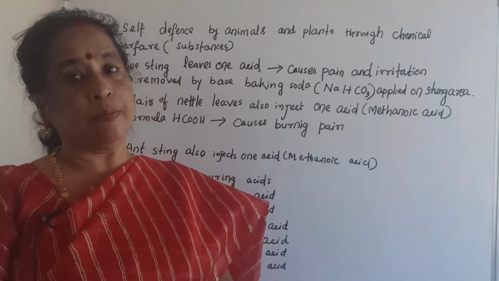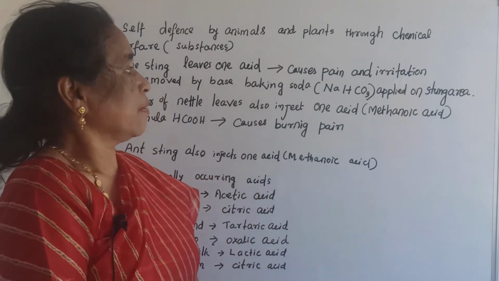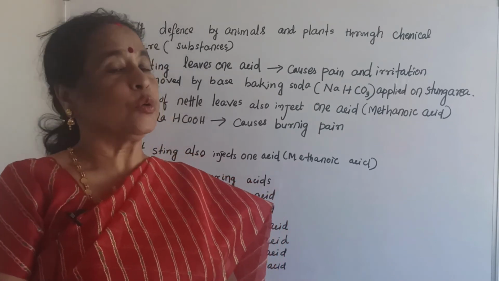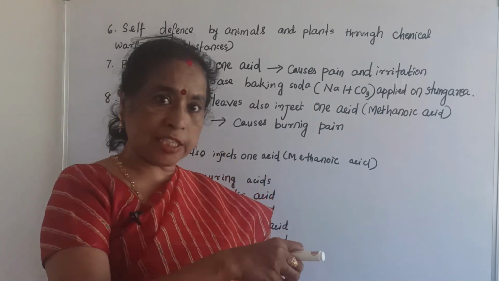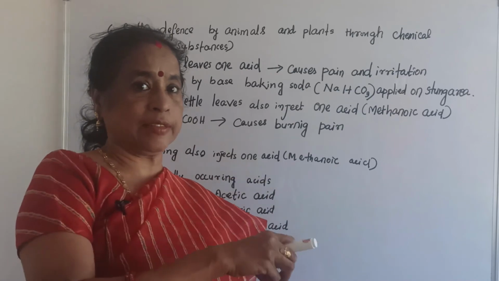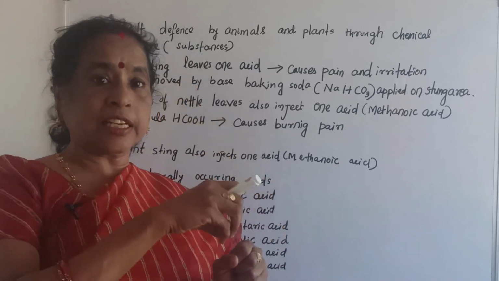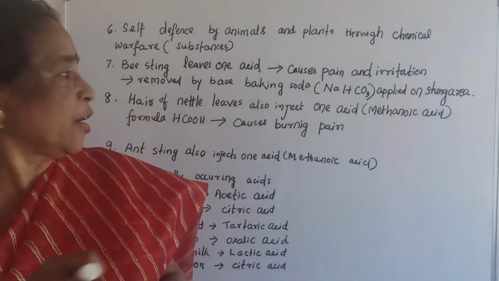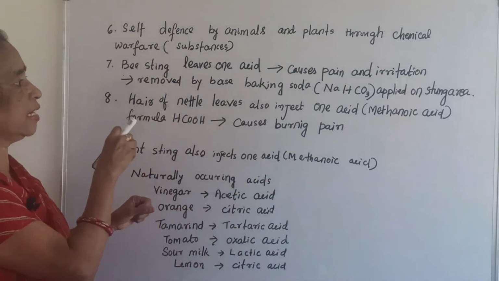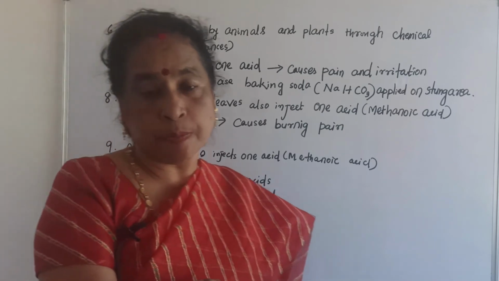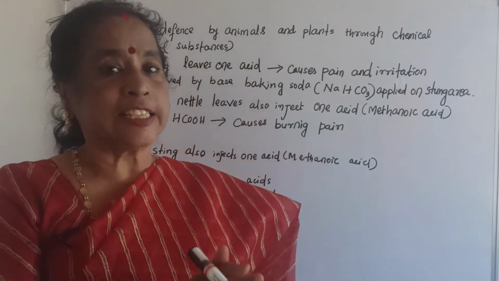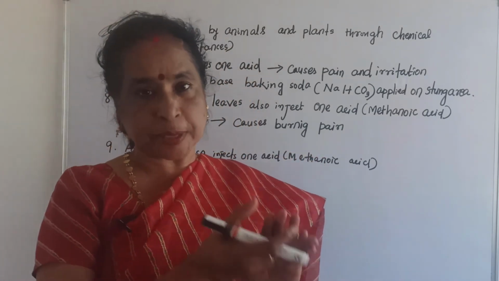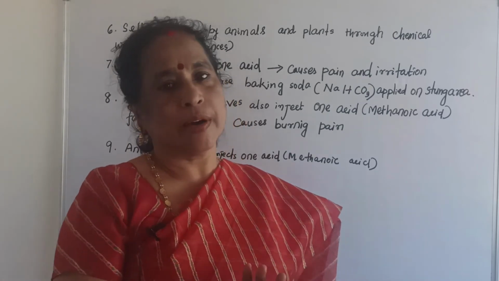So I hope it is clear to you how the self-defense mechanism is present in plants and animals, which causes different types of pain and irritation because they give some acids to our body. When bees sting the body, when ants sting the body, or hairs of nettle leaves touch the body, automatically they inject some acids, especially methanoic acid, into our body.